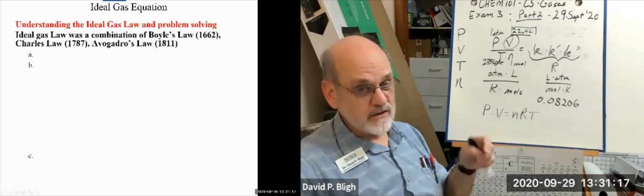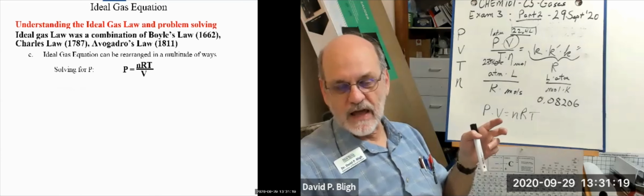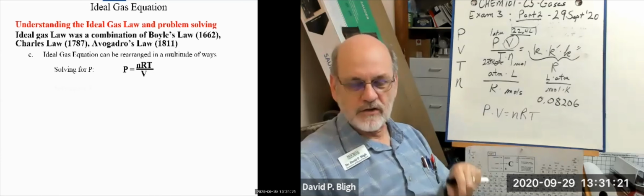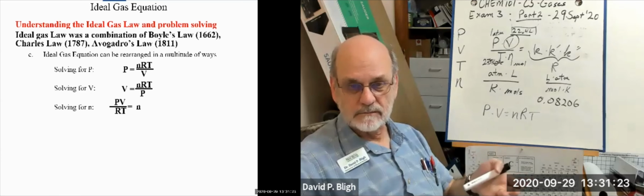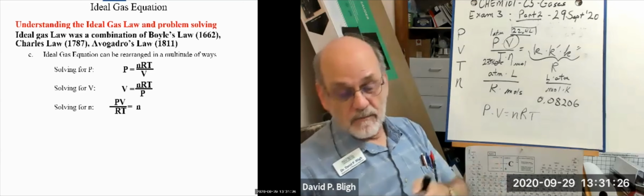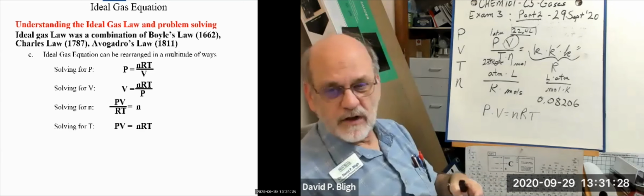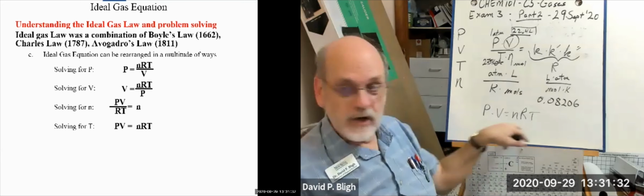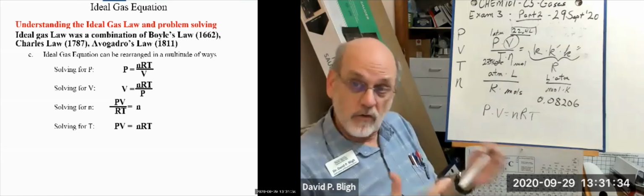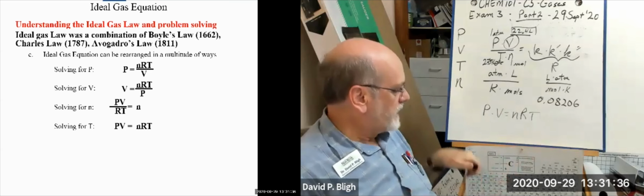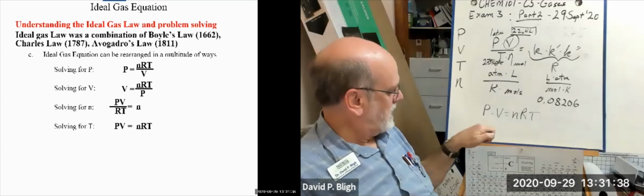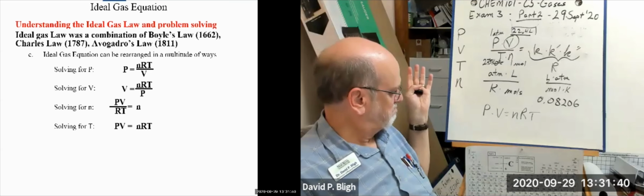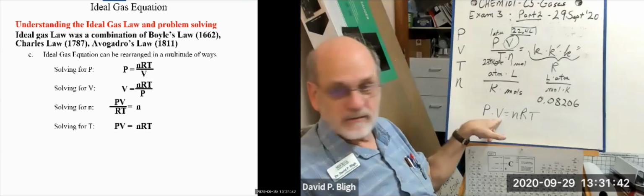It can be arranged a multitude of ways, and that's all that this slide says. You can arrange it to solve for whichever one you want. Occasionally, we don't want to know individual variable values. We may want to know the ratio. You know, what is the ratio of volume to moles?